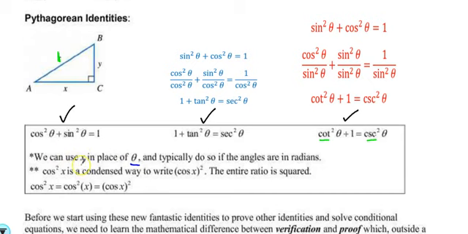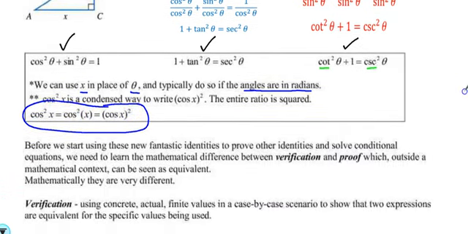All the time we were using x or theta, know that it's an angle in radians. Cosine squared x is a condensed way to write that the entire ratio is squared. Cosine squared x is the same as the whole ratio being squared.